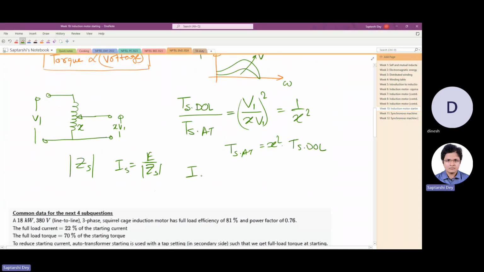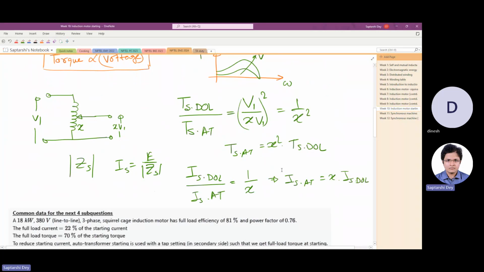So comparing starting current at DOL with starting current at auto transformer starting, the voltage is X times, so current will also be X times. So starting current at auto transformer starting is X times that of DOL.